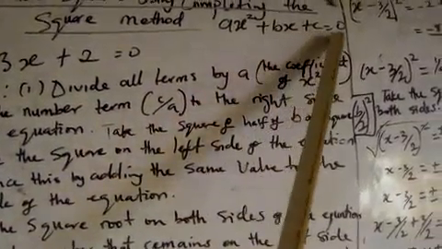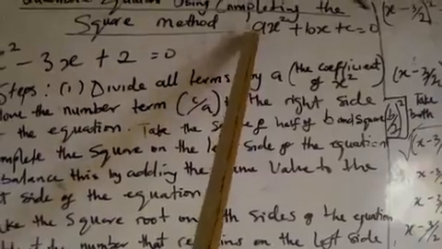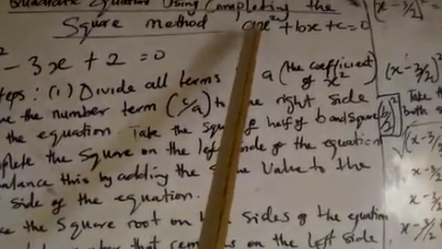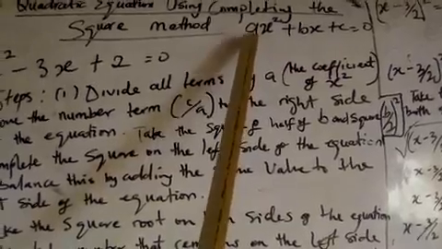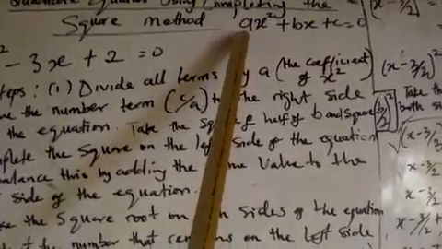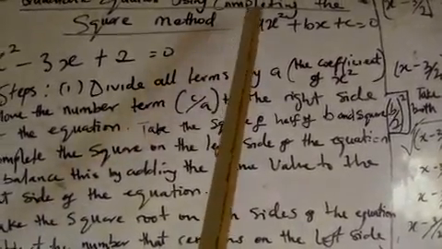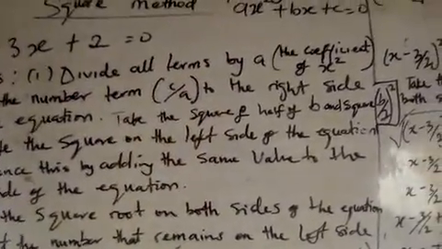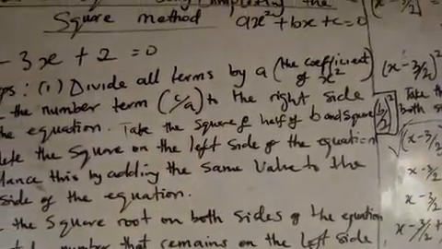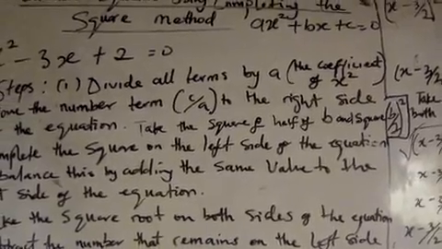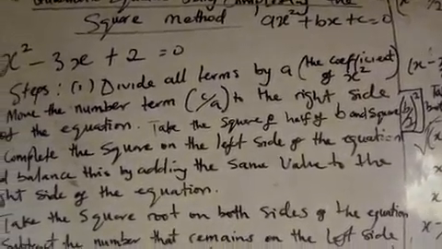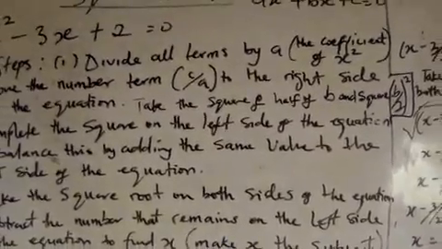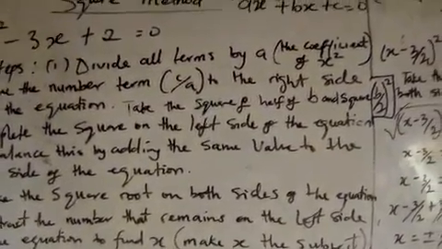What you are basically doing is making sure that the coefficient of x squared is 1, although you know that a cannot be 0. Do you understand? That's what we want to ensure before we can solve using the completing the square method. So you first divide all the terms by a, that is the coefficient of x squared.